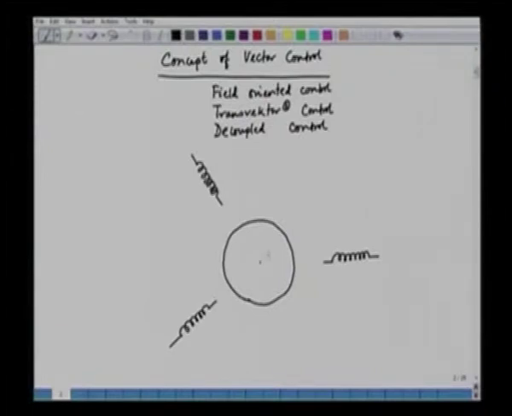Similarly, the rotor can also have 3 different phases, phase A, phase B, and phase C. So these are the stator phases, and these are the rotor phases. And the rotor is rotating. This is the rotor axis.